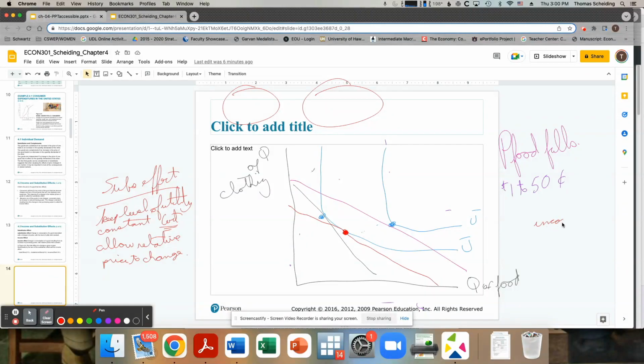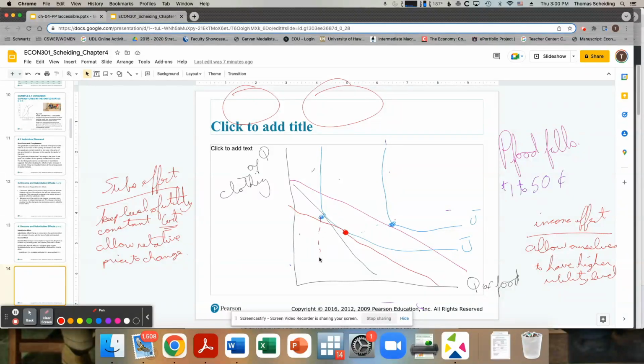Income effect. Now, what we're saying is that we now allow ourselves to have the higher utility level, which would be this point right here.